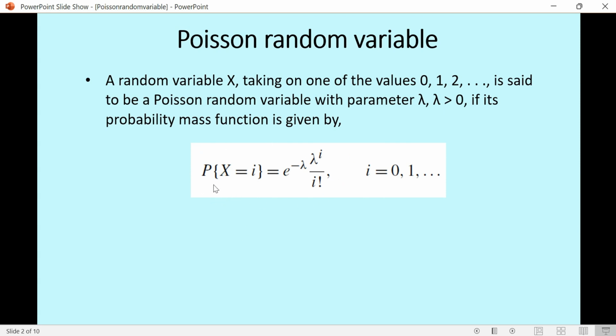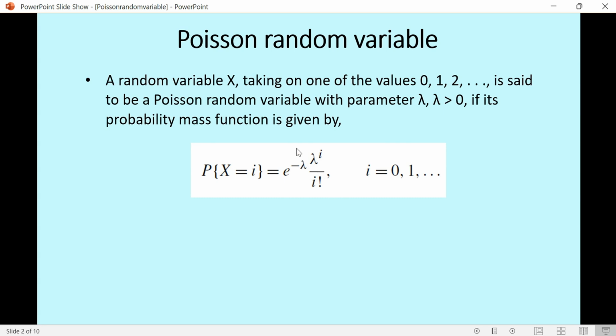The probability that the random variable equals a particular value i, where i can be 0, 1, 2, 3, 4, integer values, equals e to the power of minus lambda, times lambda to the power i, divided by i factorial.